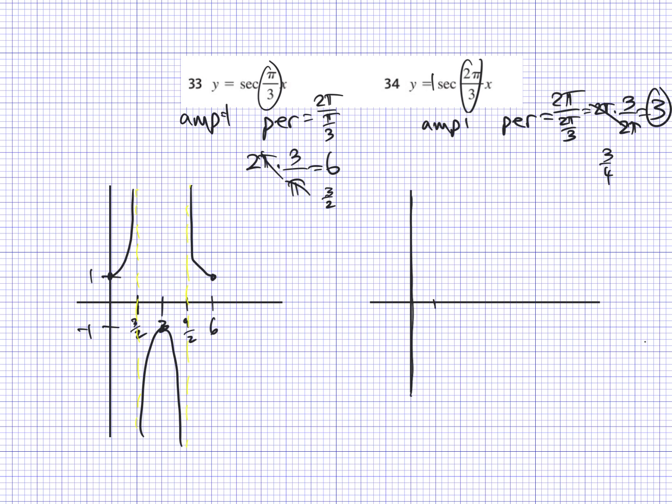So every 3/4. So we'll just say 3/4 is the first one. Another 3/4 is 3/2 or 6/4. Another 3/4 is 9/4. And another 3/4 is 12/4 or 3. And I'm going to do blue for our asymptotes. It's easier to see. And then we're drawing, amplitude is 1 again. So from 1, we go up to the asymptote. We have our peak in the middle and then down at the end.